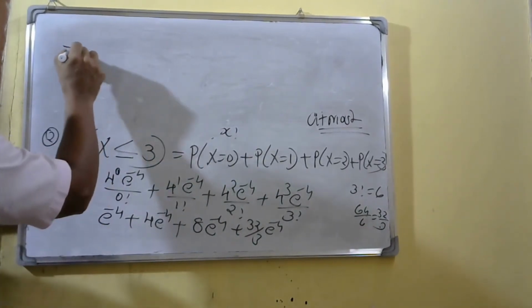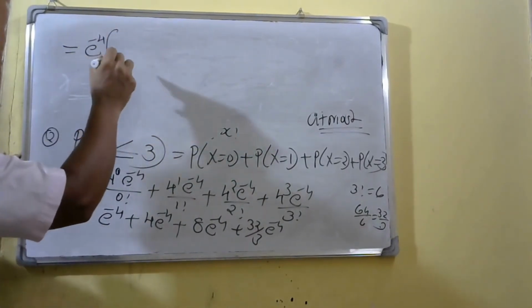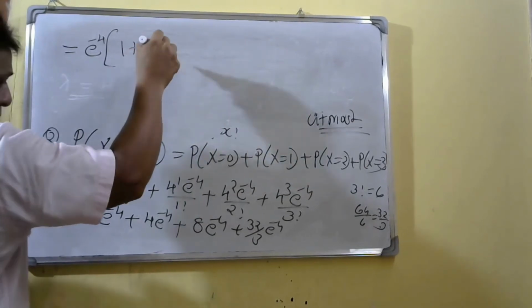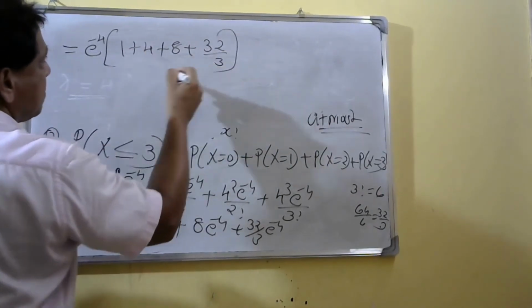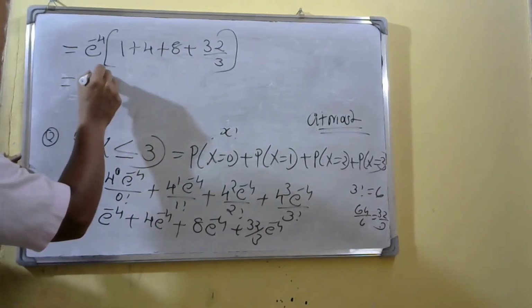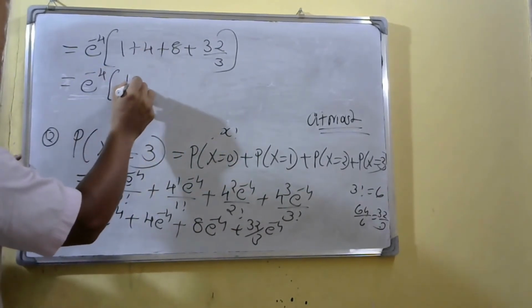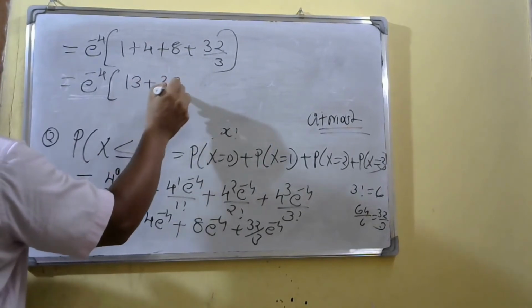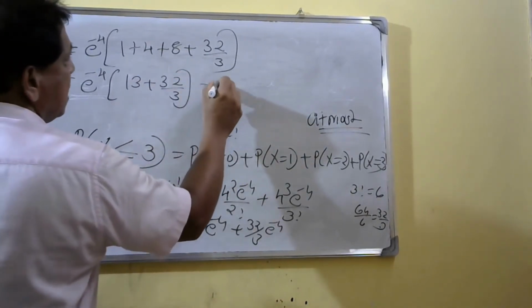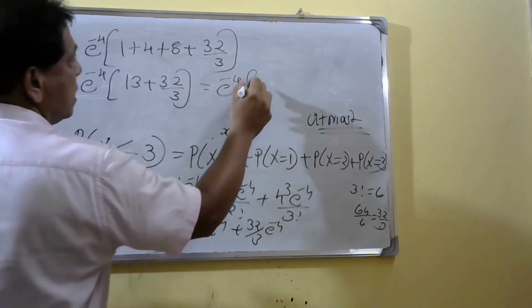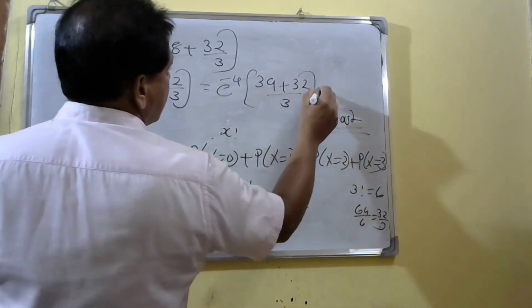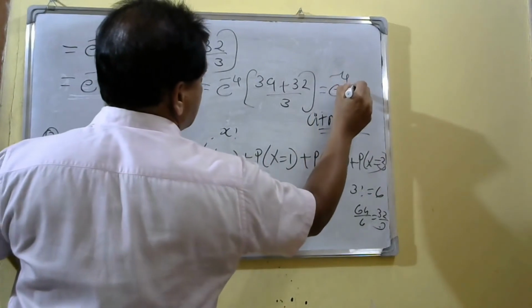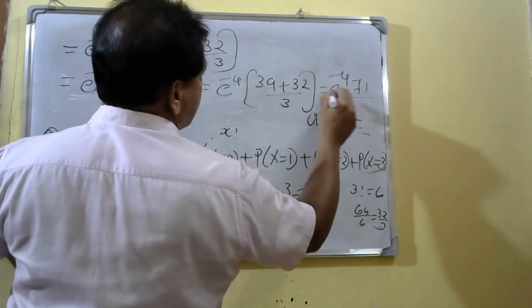That is, take e raised to minus 4 outside. Then 1 plus 4 plus 8 plus 32 by 3. That is, e raised to minus 4 into 13 plus 32 by 3. That is, e raised to minus 4 into 39 plus 32 by 3, that is e raised to minus 4 into 71 divided by 3.